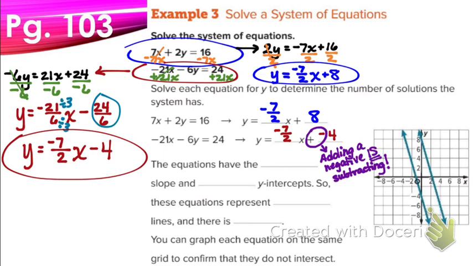What do you notice about our two equations? They have the same slope. What else do you notice about these two equations? They have different y-intercepts.